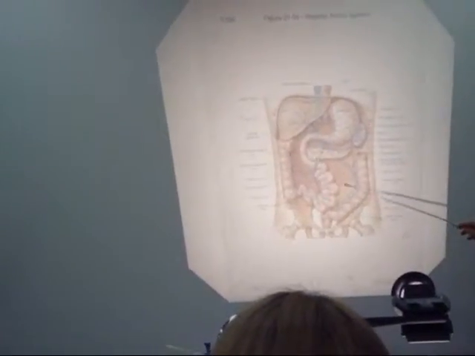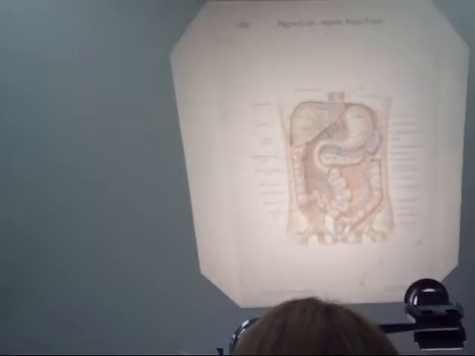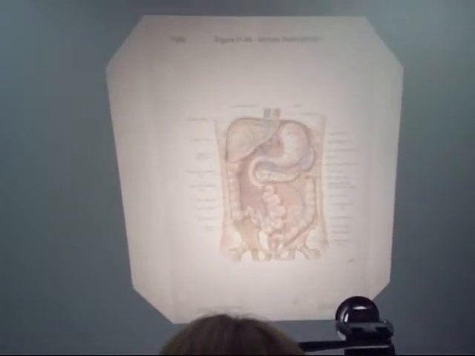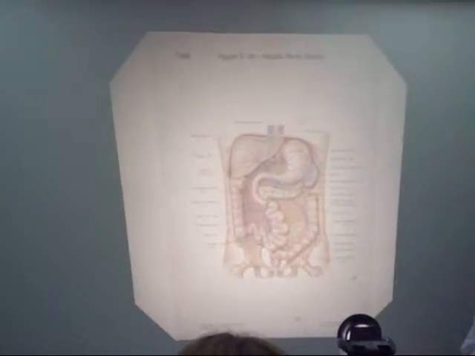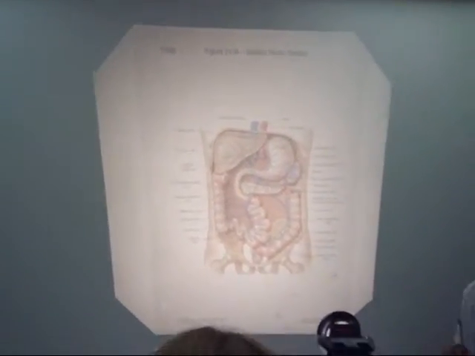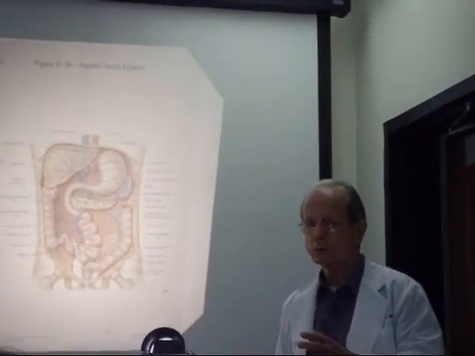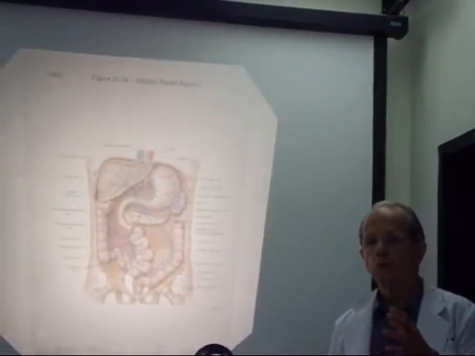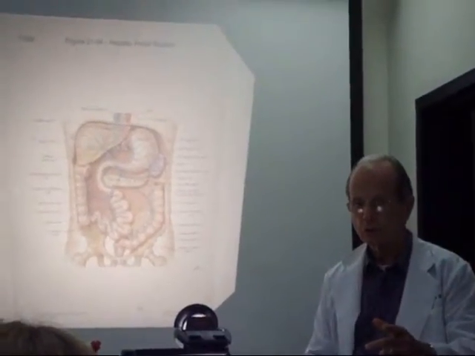But what I'm showing you here is a different venous system, because blood that drains away from the stomach, small intestine, large intestine, liver, gallbladder, and also the spleen passes directly to the liver first.